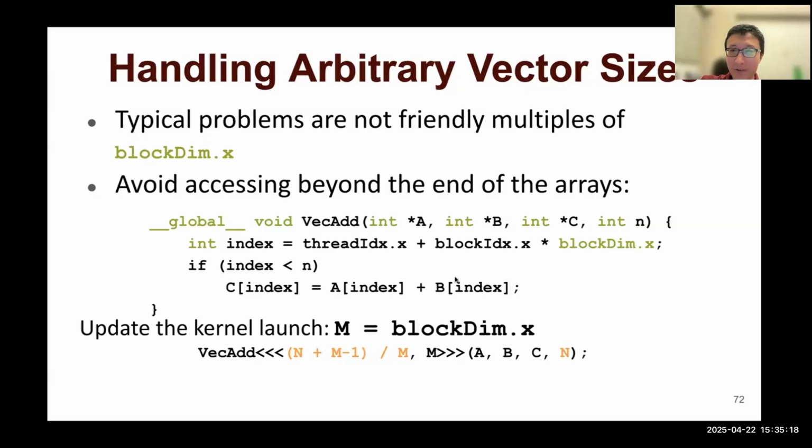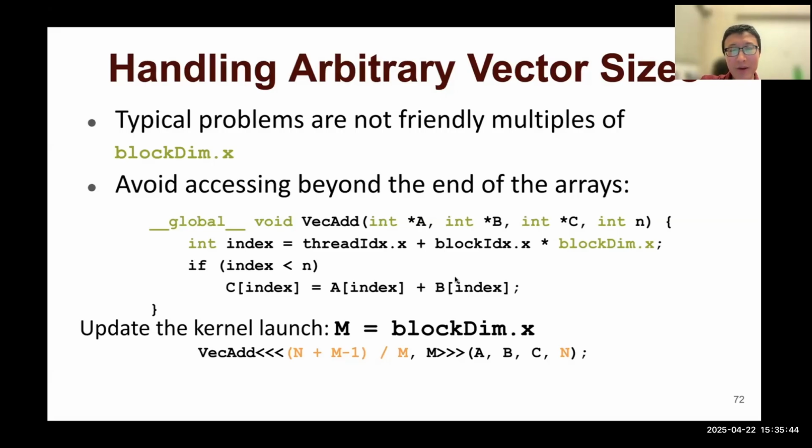That's why this very interesting mathematical expression is here: n plus m minus 1 divided by m will give you the integer, which is the ceiling of this operation.